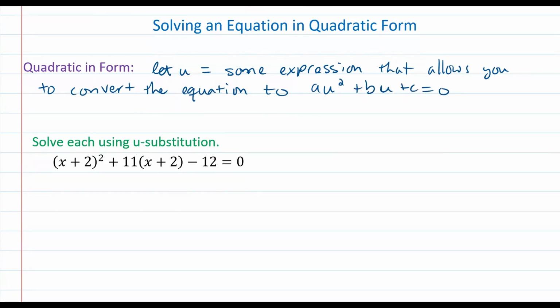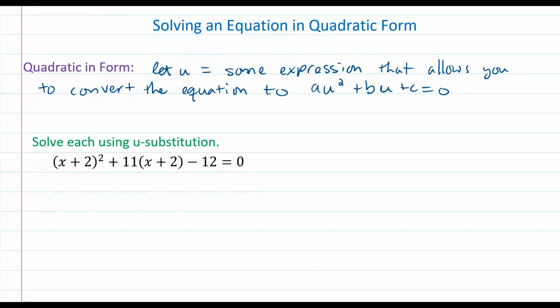So by letting u equal that expression, you will then substitute u into that equation for that expression, and then we will get a quadratic equation, which we can then solve using factoring or the quadratic formula or completing the square if you choose.